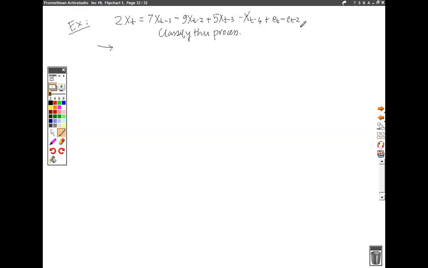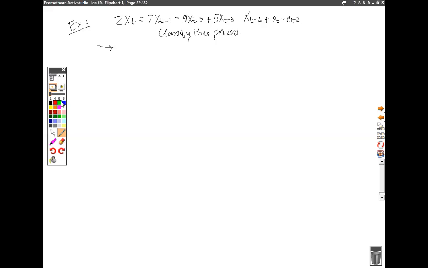First, we will have to check for it to be a well-defined ARMA model. We need this to be a stationary model. So I'll check my stationarity first. What I'll do is rearrange all of these X's on the other side and keep my e_t on the RHS.